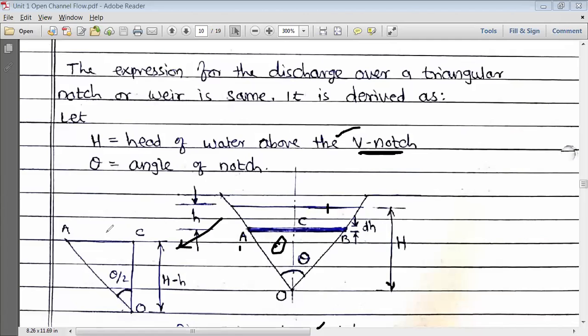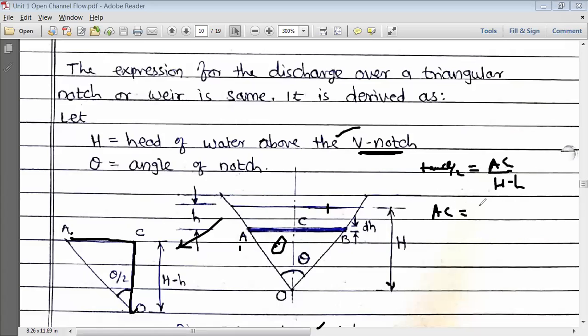What is tan theta by 2 here? AC, the opposite side, divided by capital H minus small h. So I can write tan theta by 2 is equal to AC by H minus h.